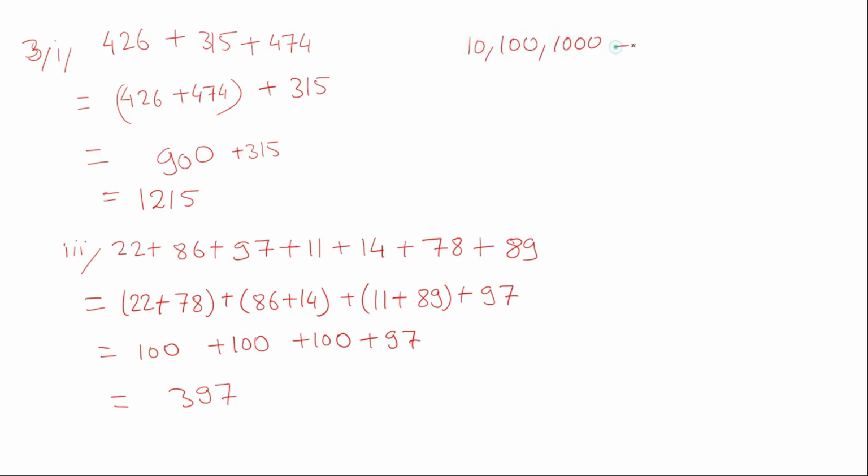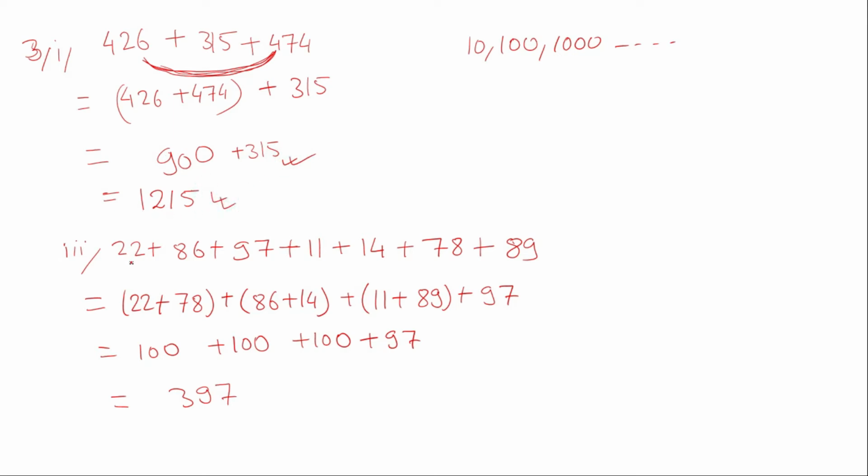If you add these two numbers, then we will get a multiple of 100, that is 900. So we will associate them together. We will add them first to make 900, and at last we will add 315, so the answer we will get is 1215.